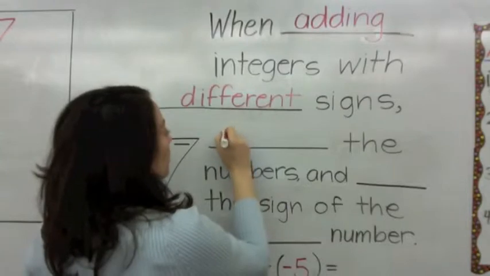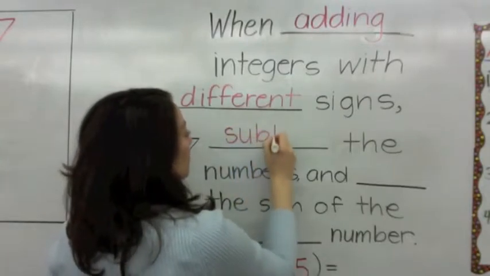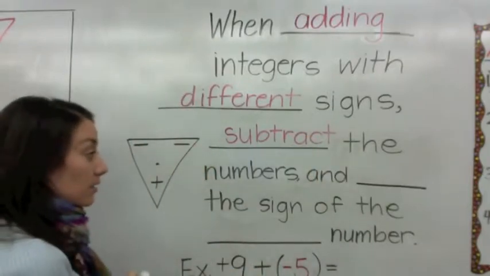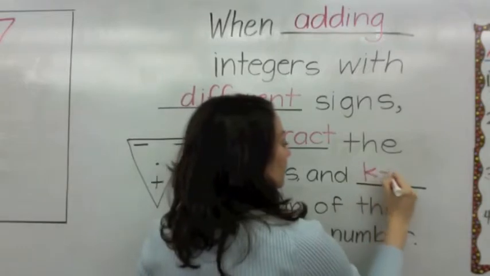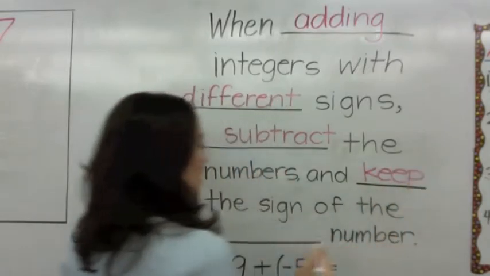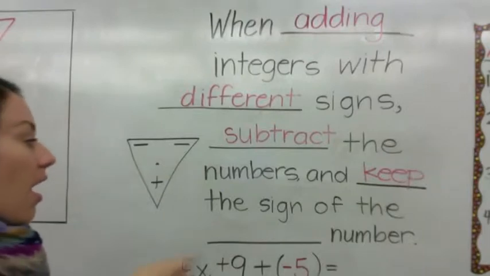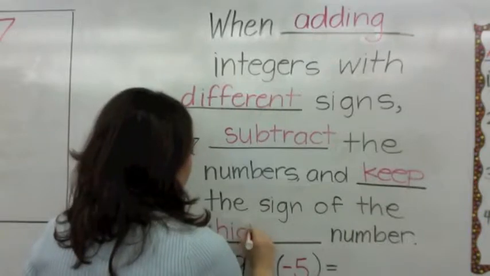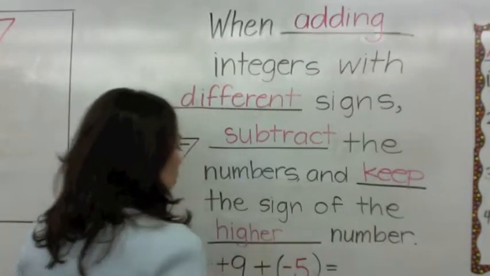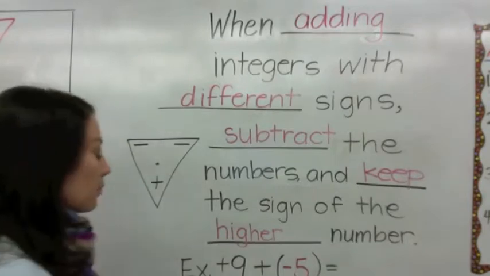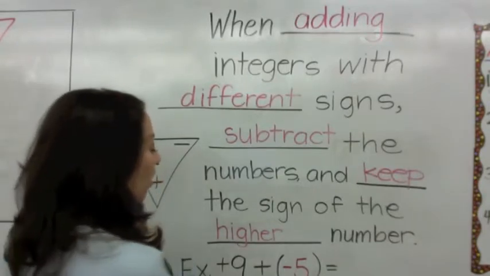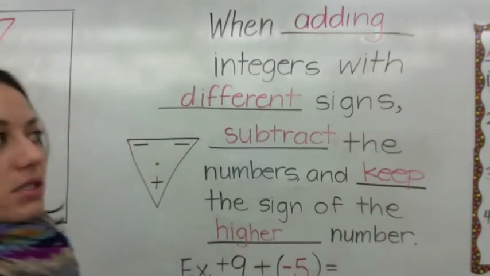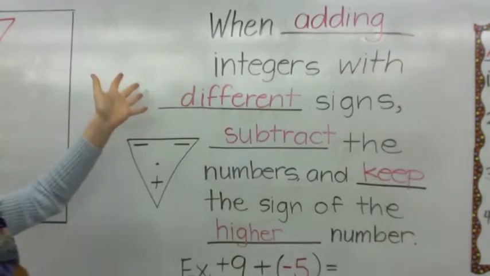You subtract the numbers and keep the sign of the higher number, or the bigger number. And for that number, you just pretend that there are no signs next to it.